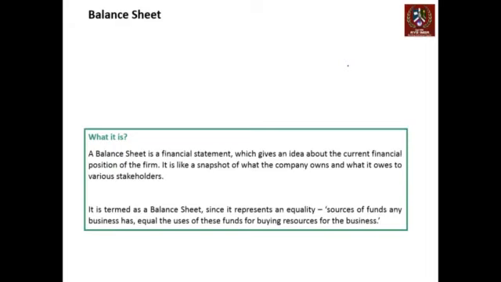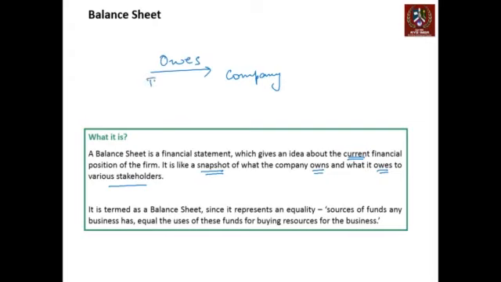A balance sheet is a financial statement which gives an idea about the current financial position of the firm. We have seen that this is a snapshot of what the company owns and what it owes to various stakeholders, right? So the company could have taken money from someone, so it owes money to them, right?